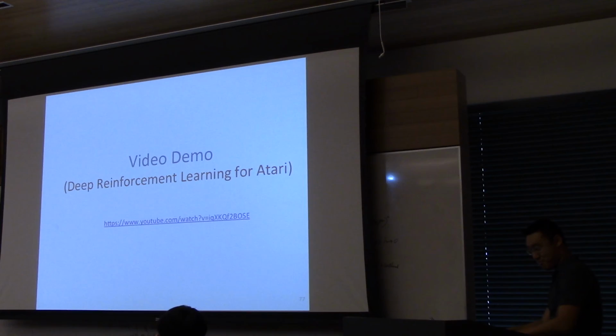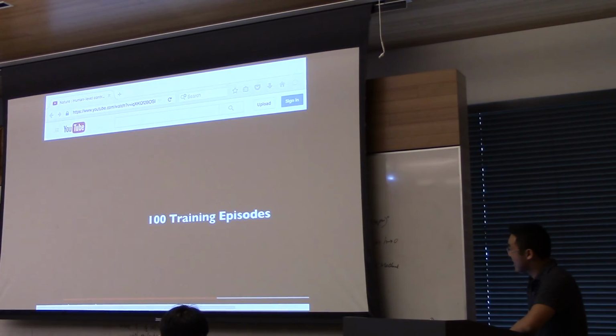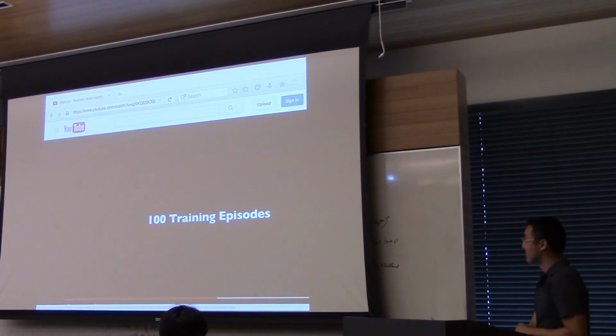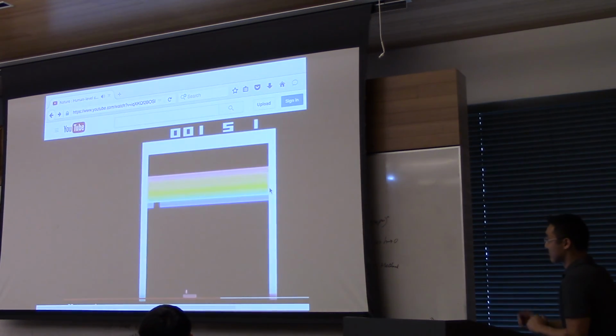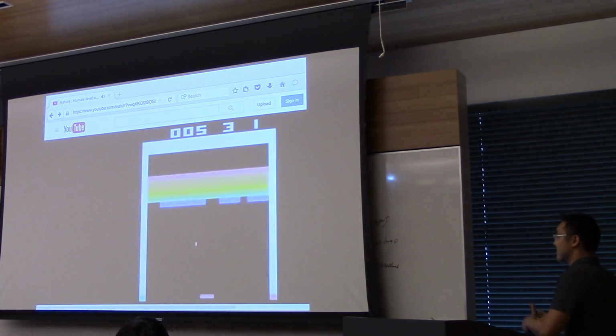So here's a demo of a reinforcement learning algorithm learning how to play Atari. This is an AI system that's learning how to play these Atari games in the emulator. You see in the beginning, it hasn't estimated what's a good reward for different actions. The actions here are move left and move right, basically.